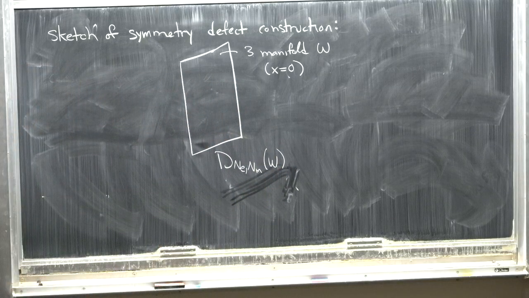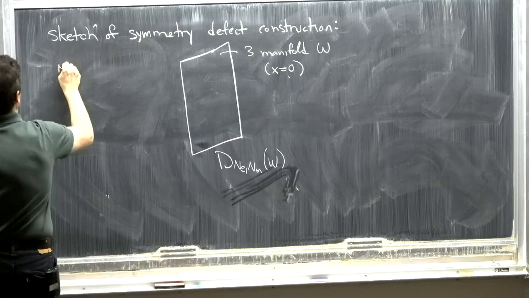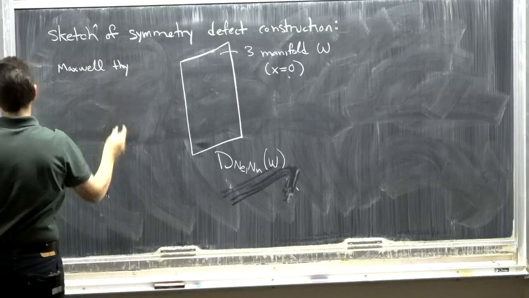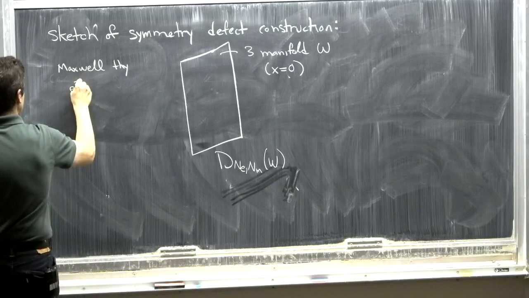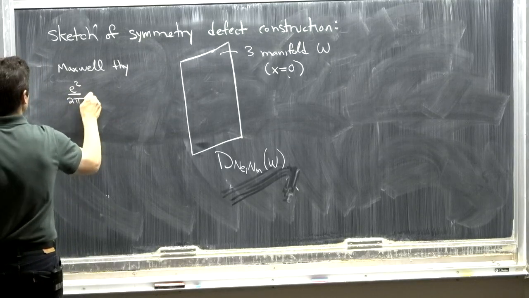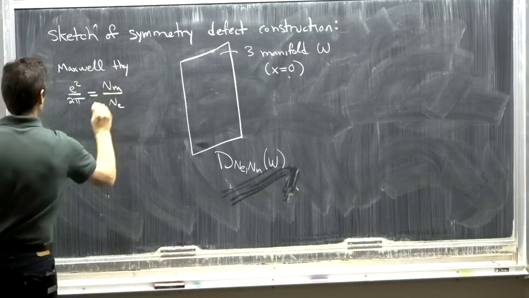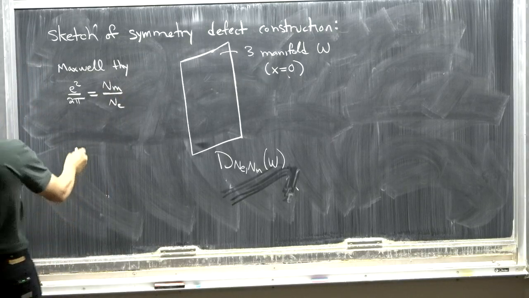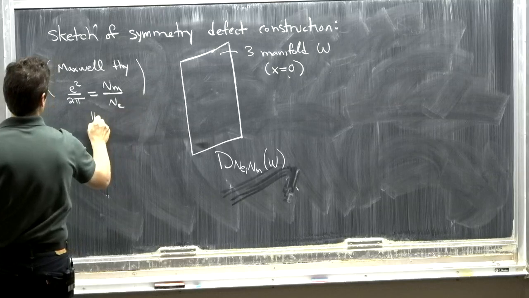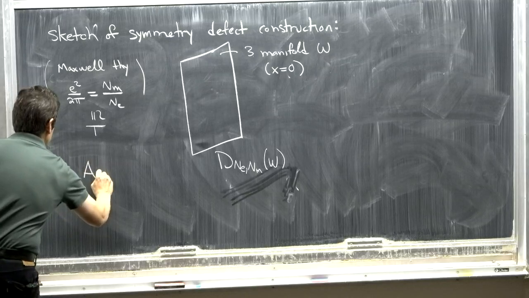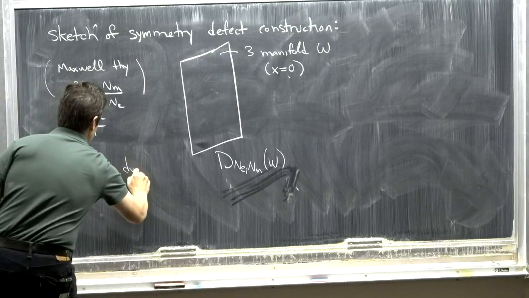Okay. Here is our Maxwell theory. It has e squared over 2 pi as this magic rational value, nm over ne. And I'll just call this whole thing the quantum field theory T. And A_L is the dynamical field.